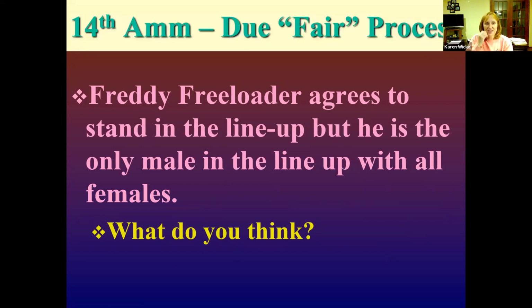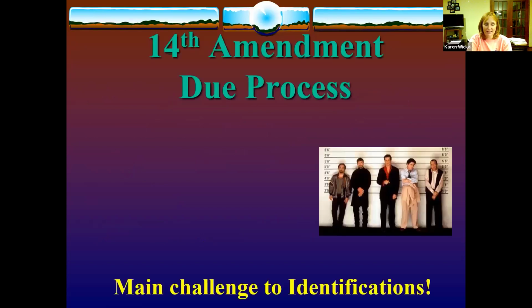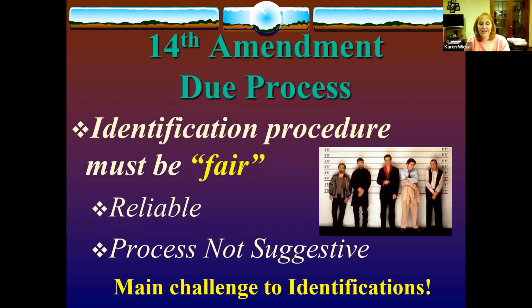So we need to then talk about the 14th Amendment due process or fair process challenge. Can the attorney make a challenge and say this is unfair? It's not a fair process. So basically the Supreme Court has said yes, that the process has to be fair.